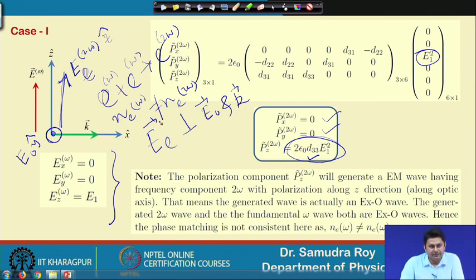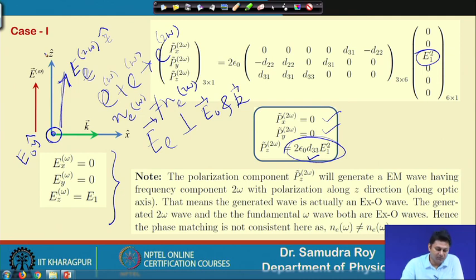So that means the phase matching angle we make in this way, but there is a possibility that I can generate E along the z direction, I can launch E along the z direction. Also Pz is not equal to 0, which means Pz is still generating. Pz generating means it is going to generate a second harmonic wave along the z direction.